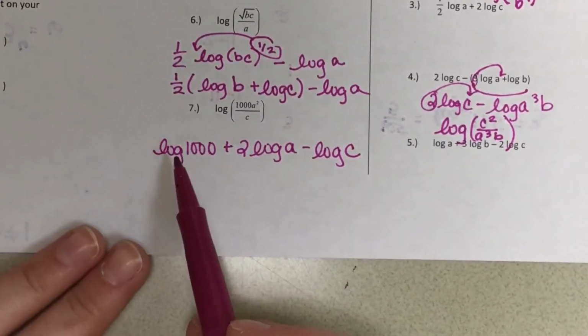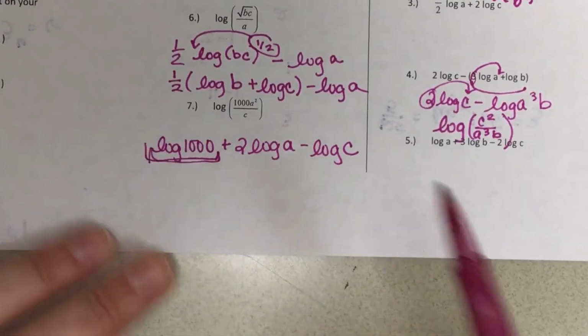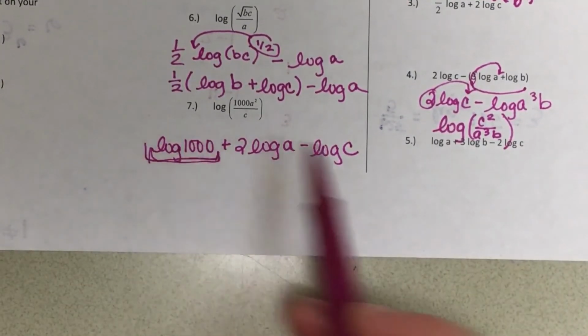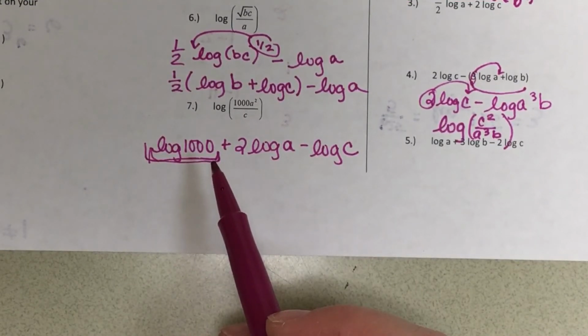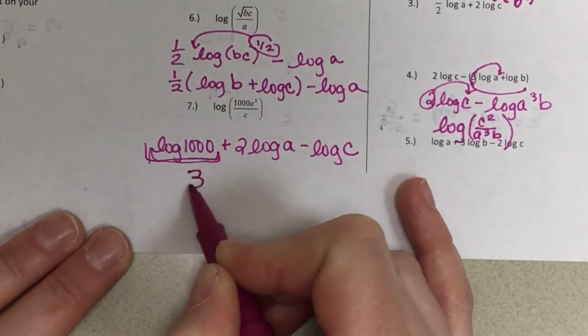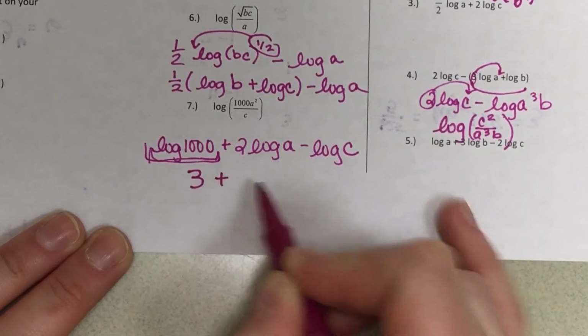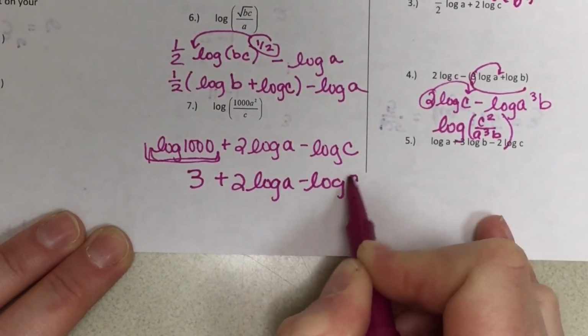But the reason I wanted to go through this quickly is because if you can evaluate any part of that, you need to. So I can't leave my answer like that because log of 1,000 can get evaluated. So log of 1,000 would be 10 to what power gets you to 1,000, and that is 3. So now I have 3 plus 2 log of a minus log of c.